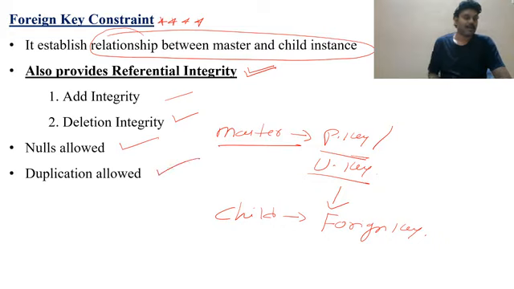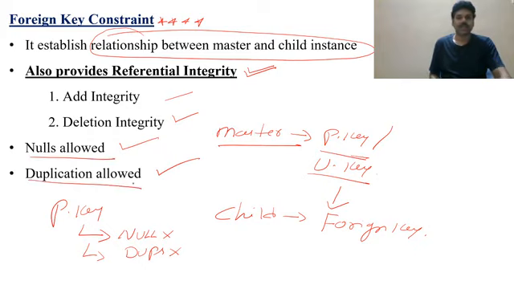Whereas for the primary key, again I am writing for your better understanding, nulls are disallowed and duplicates are disallowed. But foreign key allows nulls as well as duplicates.